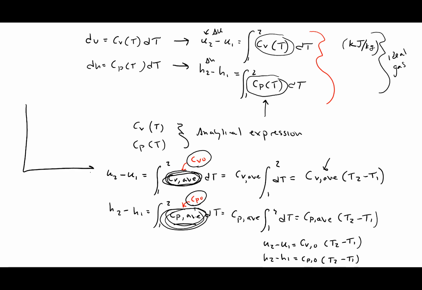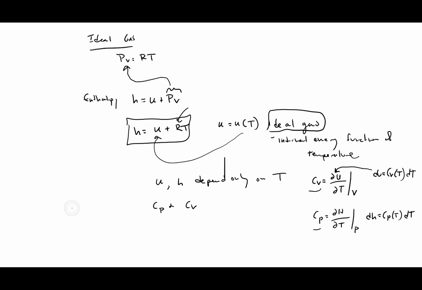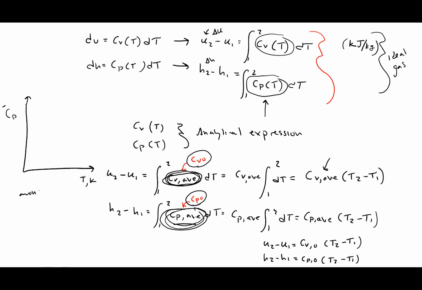So let's draw a chart. So this is C sub P on a per mole basis and temperature, and this temperature is Kelvin. So let's look at how the specific heat varies for gases at various temperatures. So first of all, if we have a monoatomic gas, and this would be, so monoatomic gas is, say, argon, helium, neon, krypton, xenon.